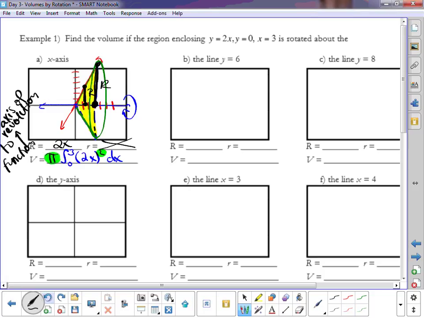All right, I want you guys to go ahead and integrate that by hand. See what you get. And once you've integrated that by hand, then check it on your calculator. I want you to integrate this one by hand.